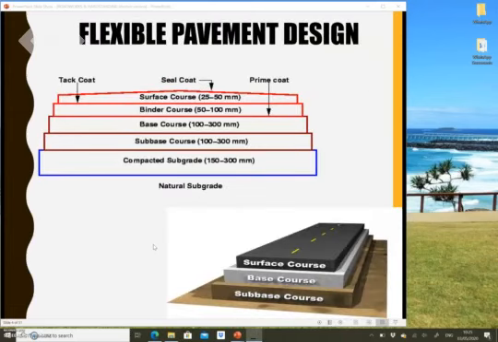So this is a flexible pavement design. It's normally being structured in layers. So it will start with the natural subgrade, compacted subgrade, sub-base course, base course, binder course, and the surface course.